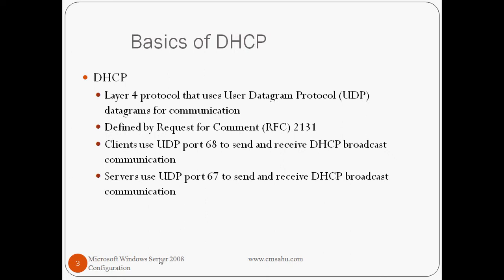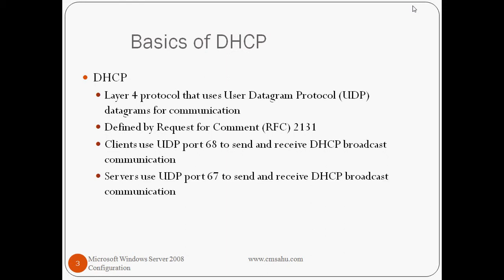And you can do the following. First, it leases an IP address for a specific amount of time to the DHCP client, and then automatically renews the IP address when the client requests renewal.